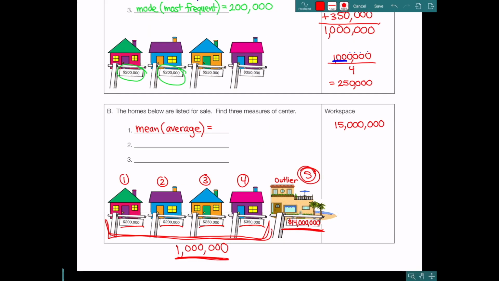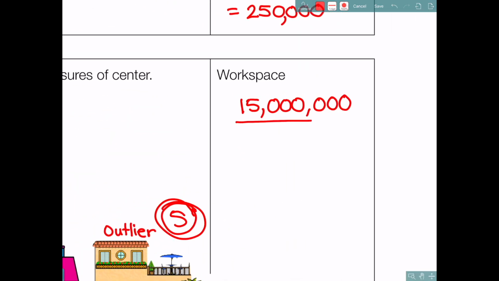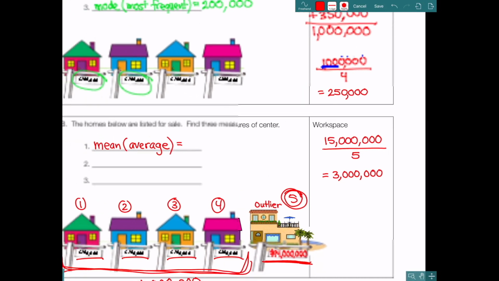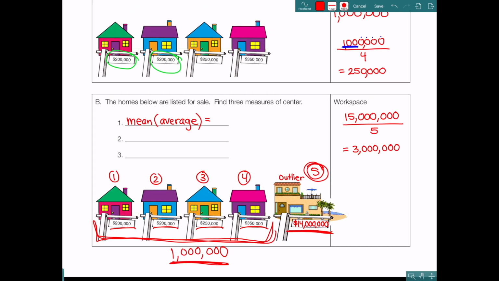So take the 15 million and divide it by 5. I can do this in my head. 15 million divided by 5 gives you 3 million. So the mean, or the average, of these houses is $3 million.